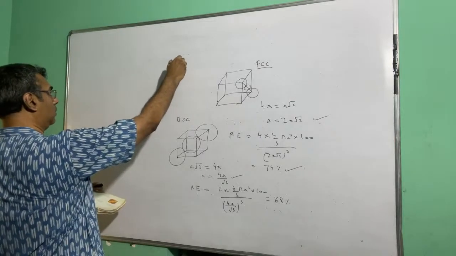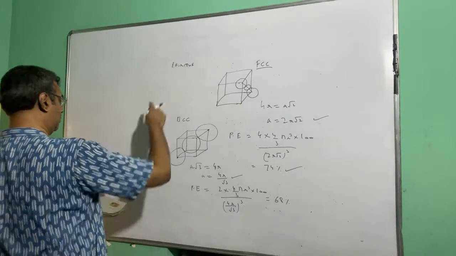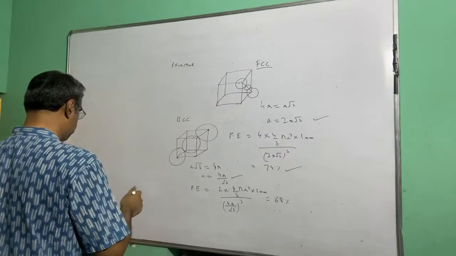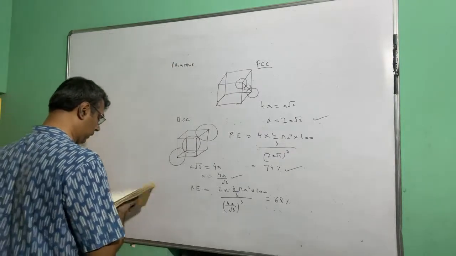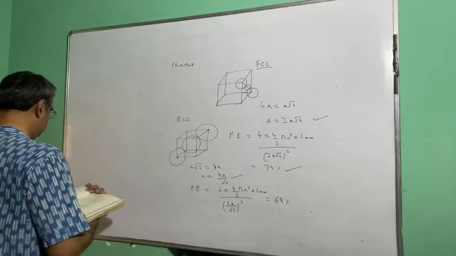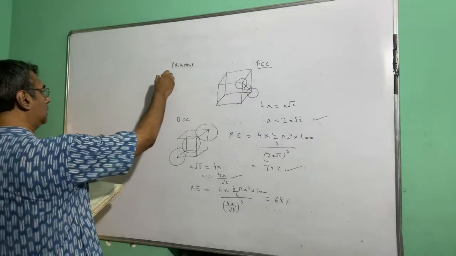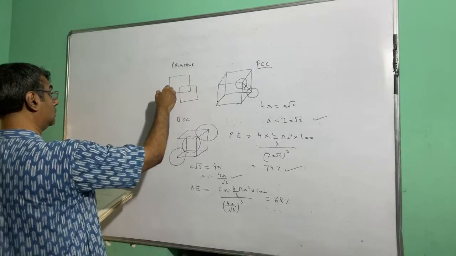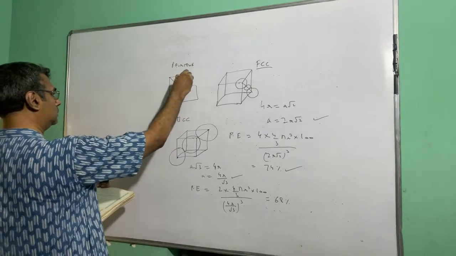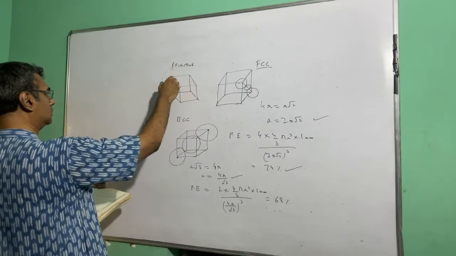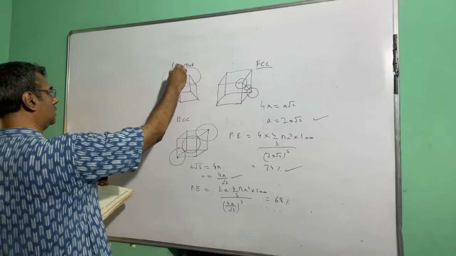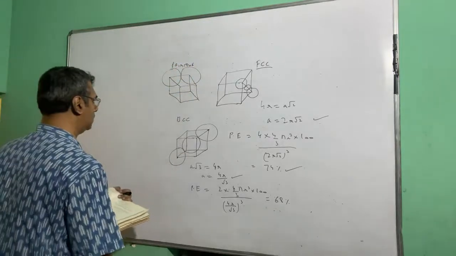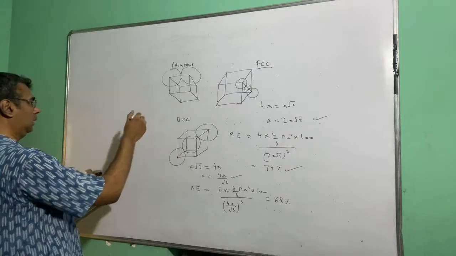Then we come to primitive. Okay, the next one is primitive. Let's come to primitive. So in primitive you have 2 particles touching each other like this.